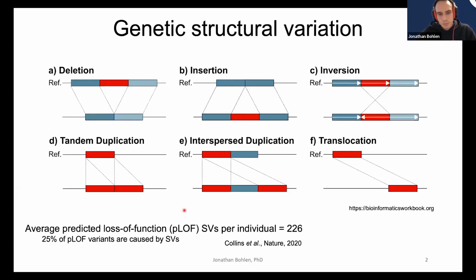Even though these structural variations are really underrepresented in a lot of the clinically diagnosed cases, if you analyze in an unbiased way, they make up around 25% of the predicted loss of function variants that are present in people. And so it is very likely that in our daily practice, we are missing a lot of structural variants.